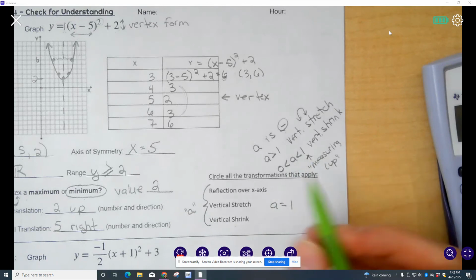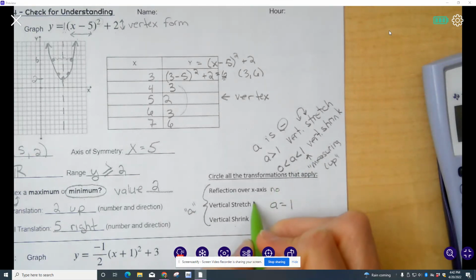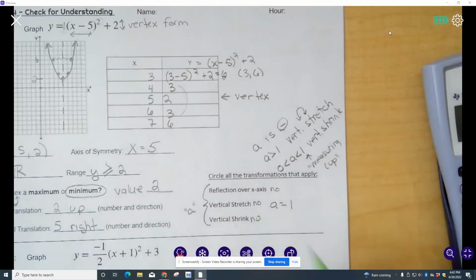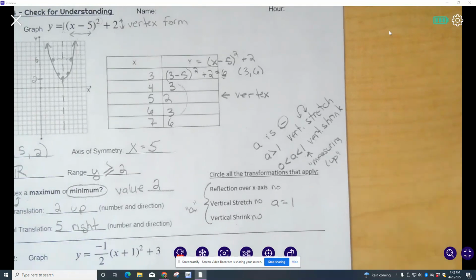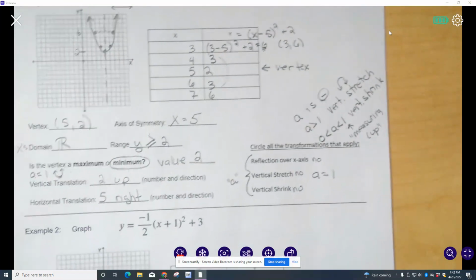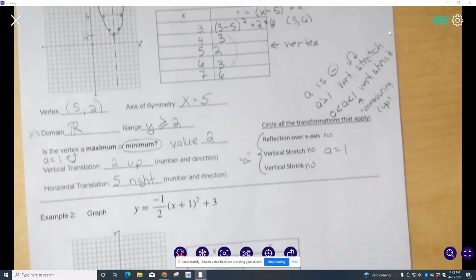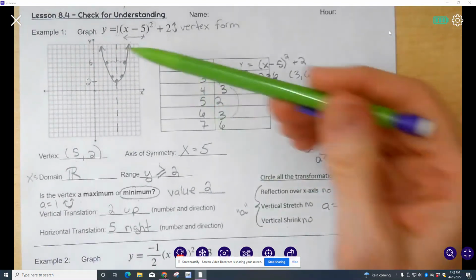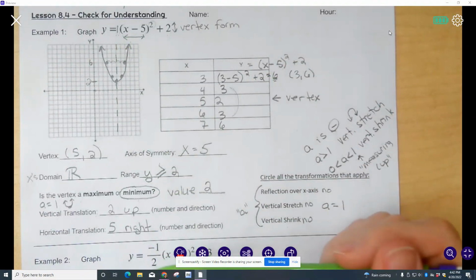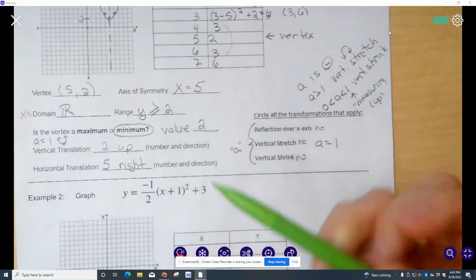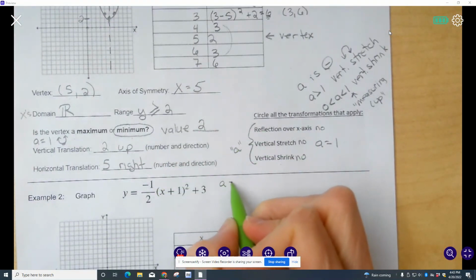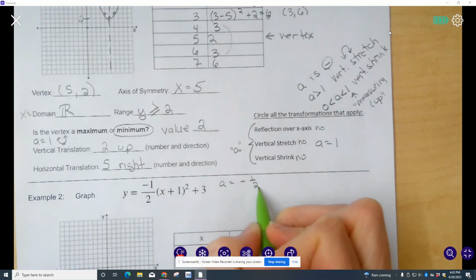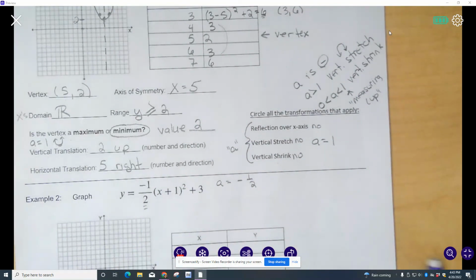A is equal to 1, so this is no, this is no, this is no. Okay, so that should help you get through the rest of this paper. Just to point out the difference between this equation and this equation has an A value. So when you do example 2, you might want to start out by writing A is negative 1/2. That's your A value. That's it.